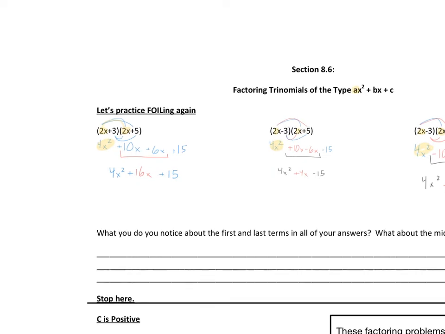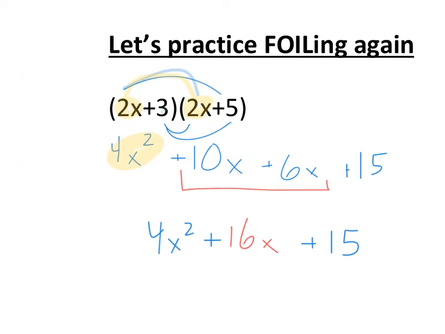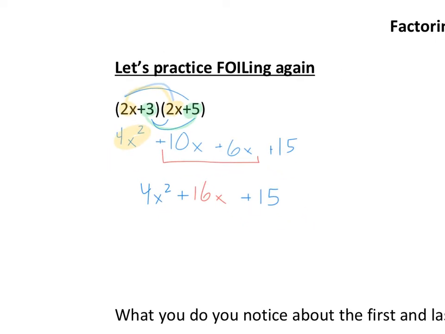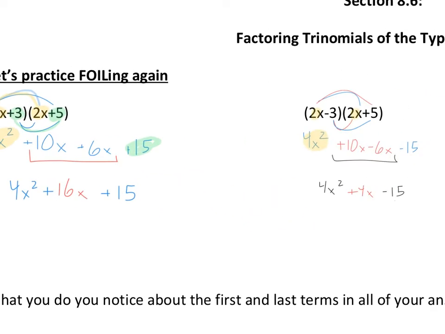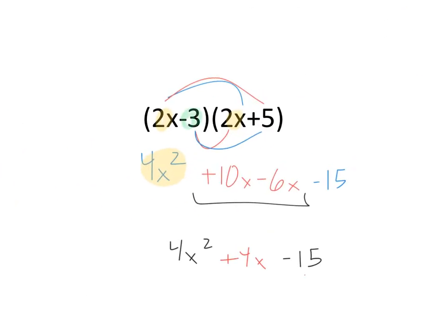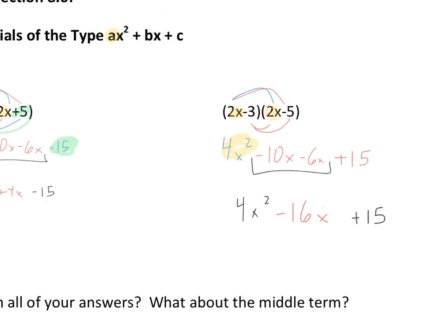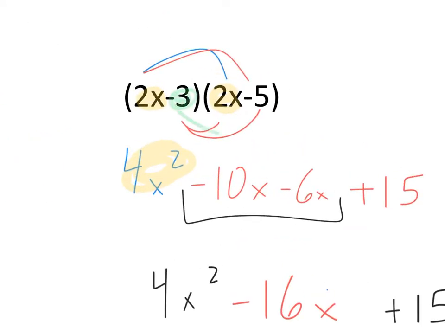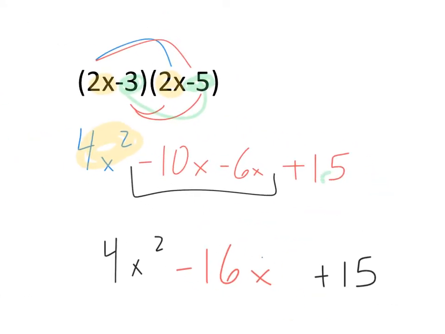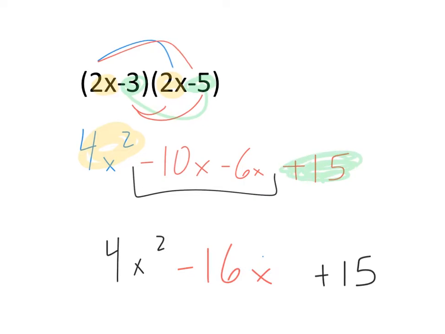Hopefully you realize that the last number came from 3 times the 5 to get us that 15. And then sometimes they were positive and negative. So negative 3 times positive 5 to get the negative 15. And negative 3 times negative 5 together to get the plus 15.